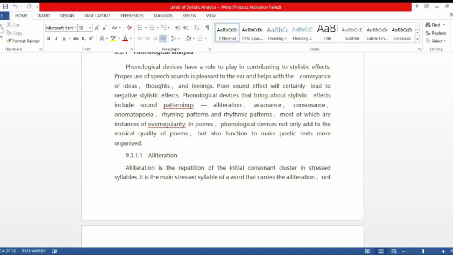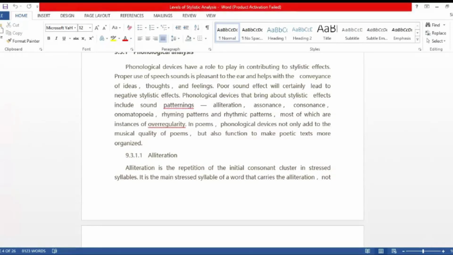Number 1 is alliteration. Alliteration is the repetition, mostly, that is how it is different from consonance. Consonance also means repetition of consonant sounds. But alliteration is the repetition of the initial consonant sound. The first alphabet or the first sound should be repeated in the initial consonants of the stressed syllables in words in which the vowel sound is stressed.